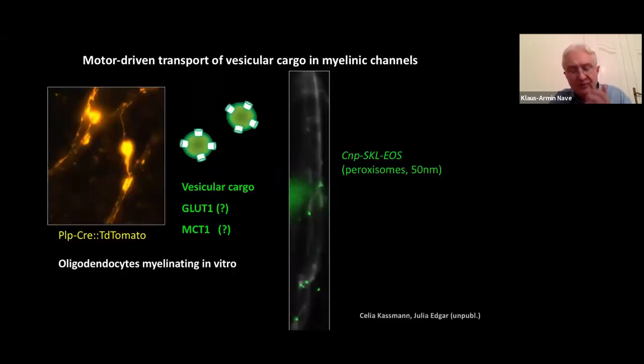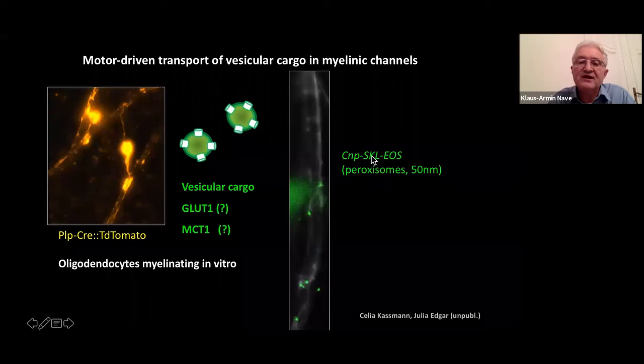Now unfortunately, we cannot look at this MCT protein as it sits in the vesicle and moves around because we have no proper label, but we have a surrogate for that, which is transgenically labeled peroxisomes. We made transgenic mice in which the peroxisomes are labeled by a fluorescent protein that is targeted to the peroxisomal lumen with the targeting sequence.